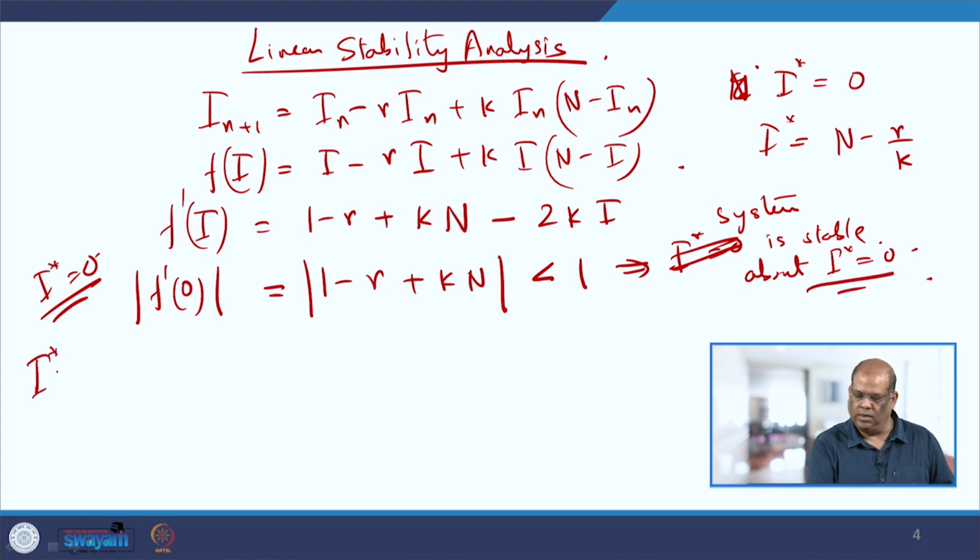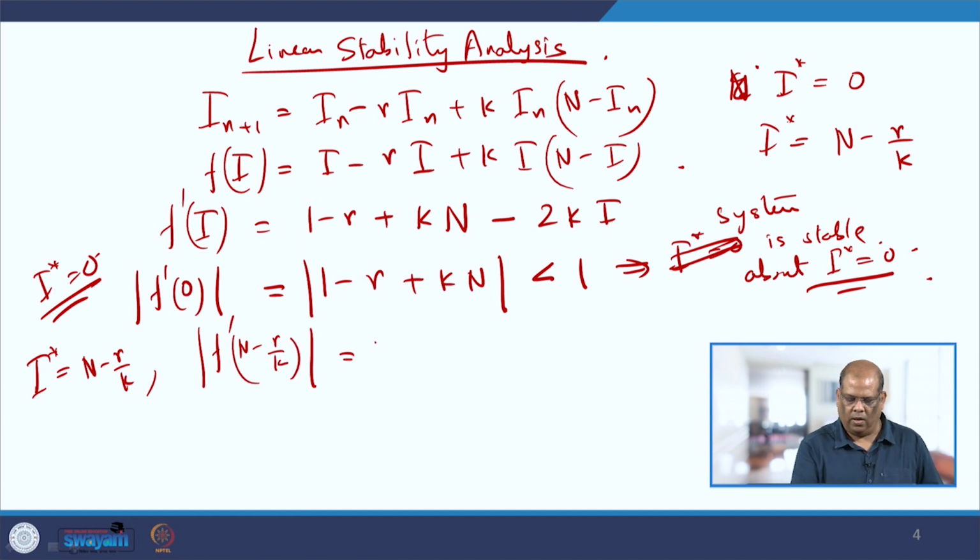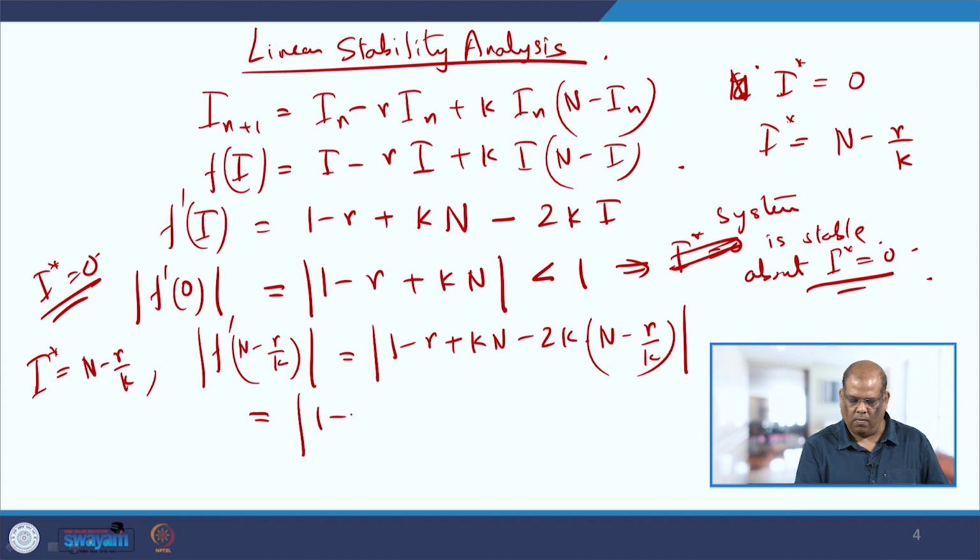And then you consider I star equal to n minus R by K. So, you have mod of f dash n minus R by K, which is equal to mod of 1 minus R plus k n minus 2 k, where I is n minus R by K. This gives 1 minus R plus k n minus 2 k n plus 2 R, and if you simplify, this becomes 1 plus R minus k n.